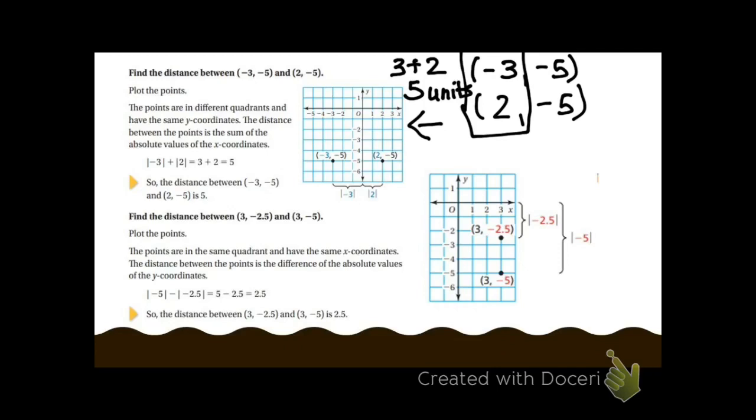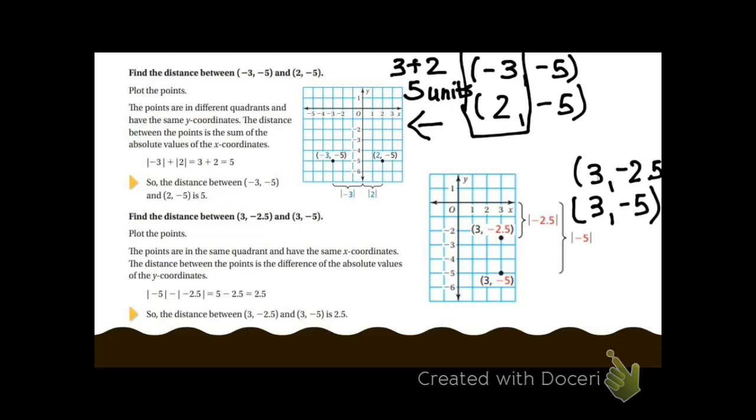All right, now it says let's find the distance for this one. We have 3 and -2.5, and we have 3 and -5. Okay, now the numbers that are different are both negative. And if you look, they're in the same quadrant because they are both negative.